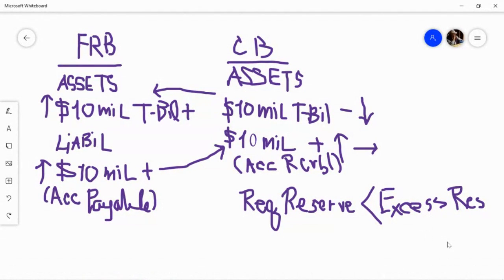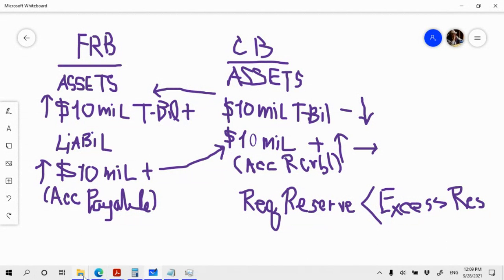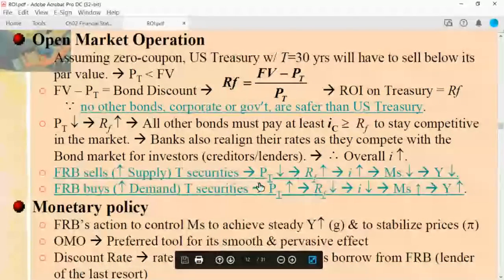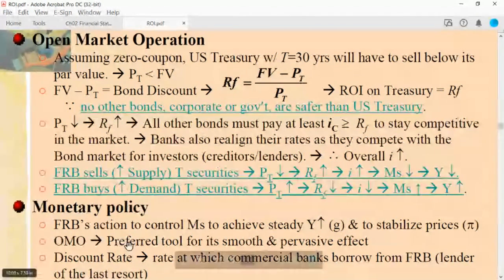So that's how the Federal Reserve changes the Fed funds rate through open market operation. That's how it happens.